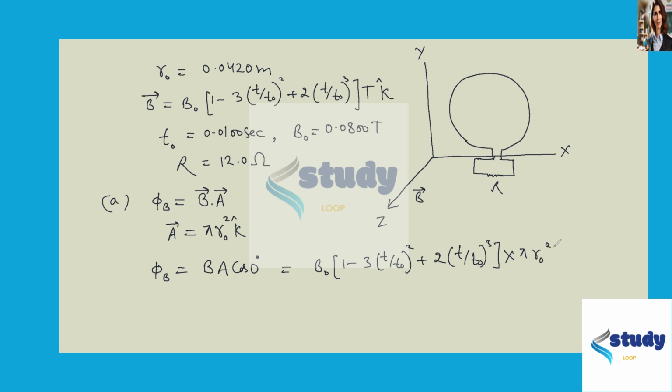So finally, the expression for magnetic flux as a function of time comes out to be B naught pi R naught square multiplied by 1 minus 3 (t by t naught) square plus 2 (t by t naught) cube Weber, which is the SI unit of magnetic flux.